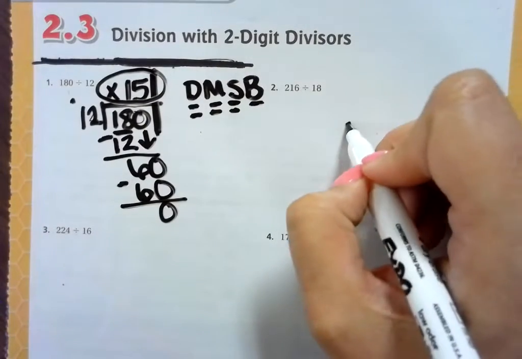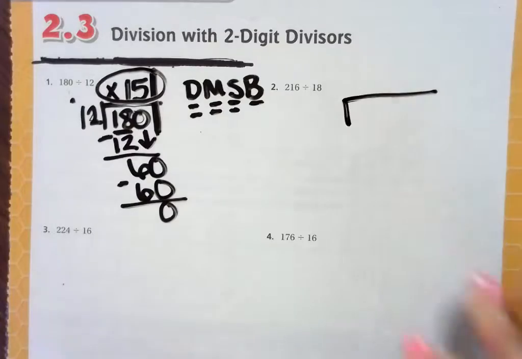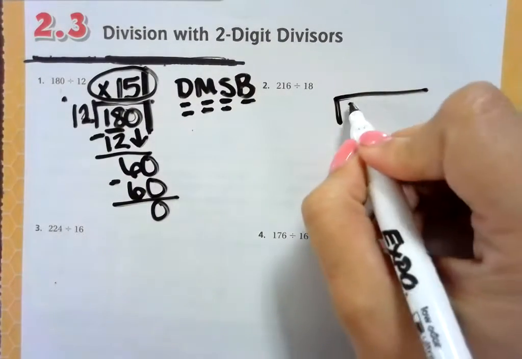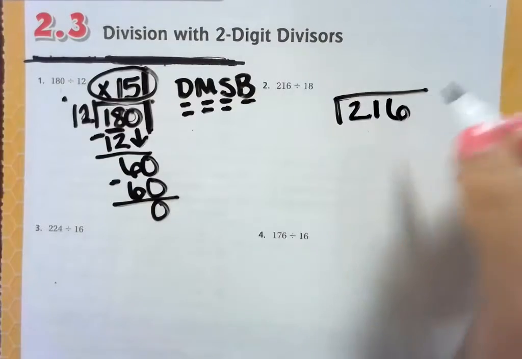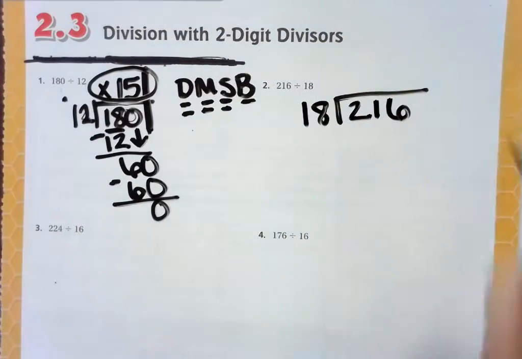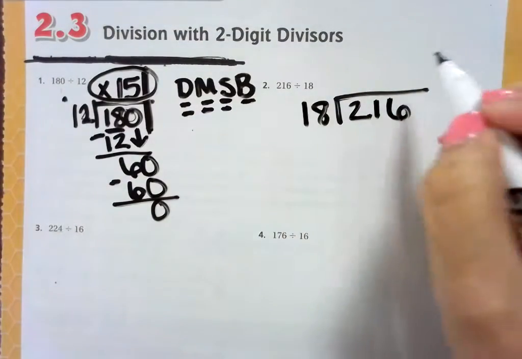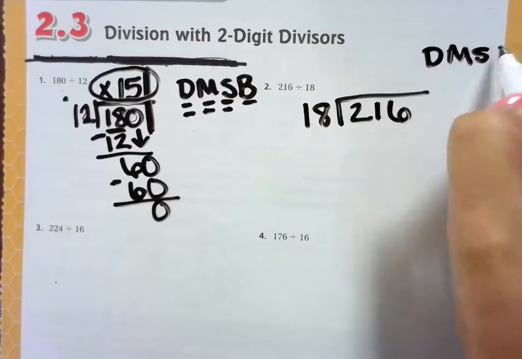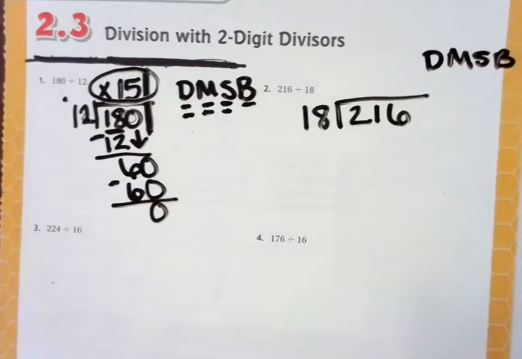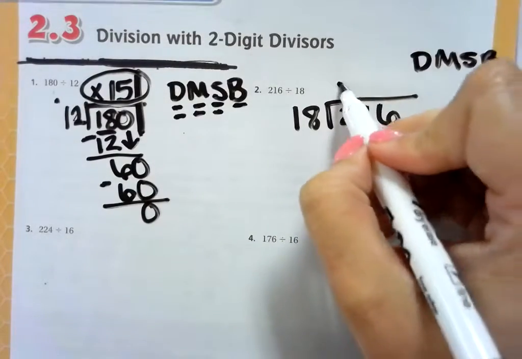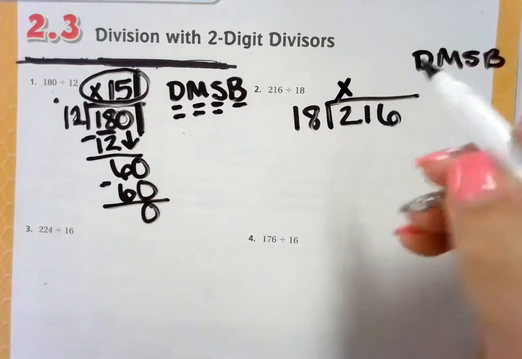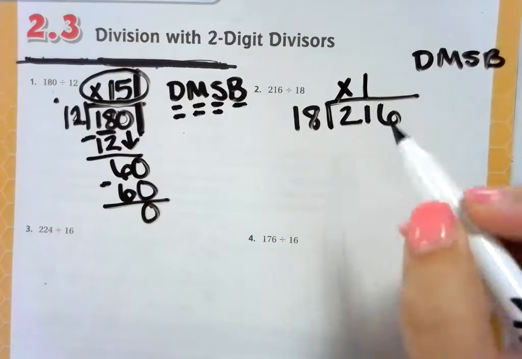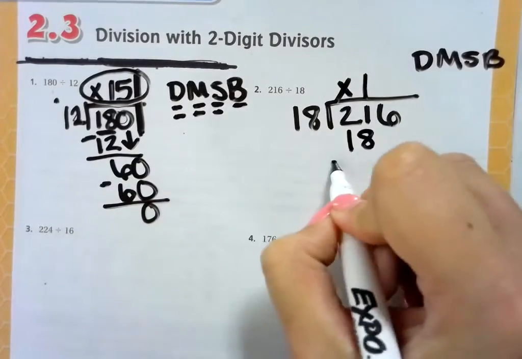Okay, let's try another one. What number goes in the house? The first number when it's written out like this. So the 216 divided by 18. DMSB, that's going to be my hint, or my steps even. 18 doesn't go into 2, but it goes into 21, goes in one time. 1 times 18 gives me 18.